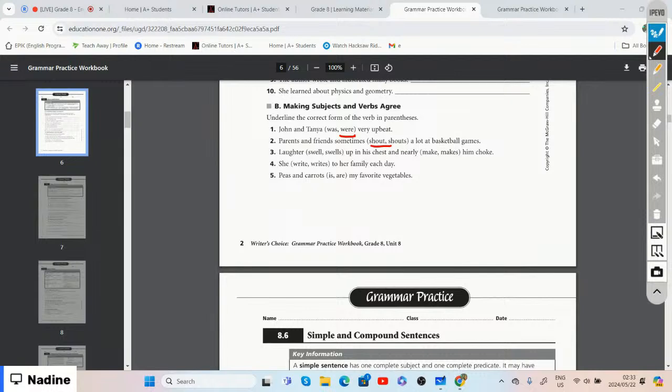So number three says laughter. Do we say laughter swell or swells up in the chest?